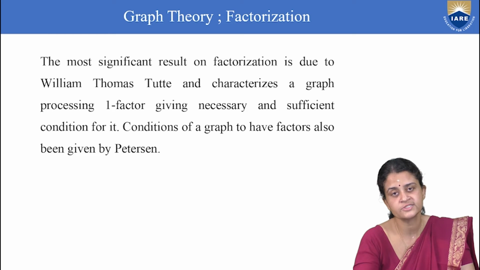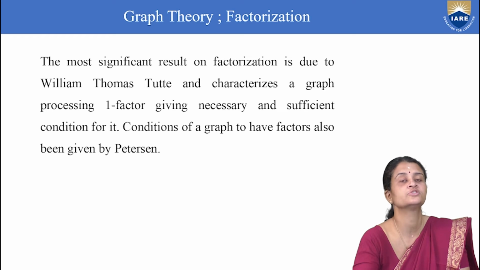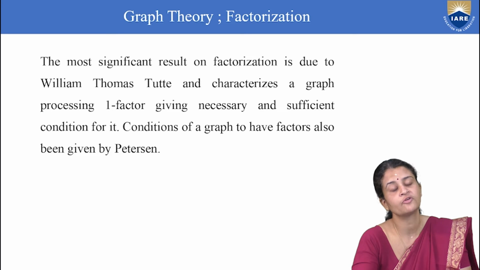It is not so easy to say, and many graph theorists have done research on that and have given some results. The most significant result on factorization is given by William Thomas Tutte, who characterizes the graphs that have a 1-factor, giving a necessary and sufficient condition.